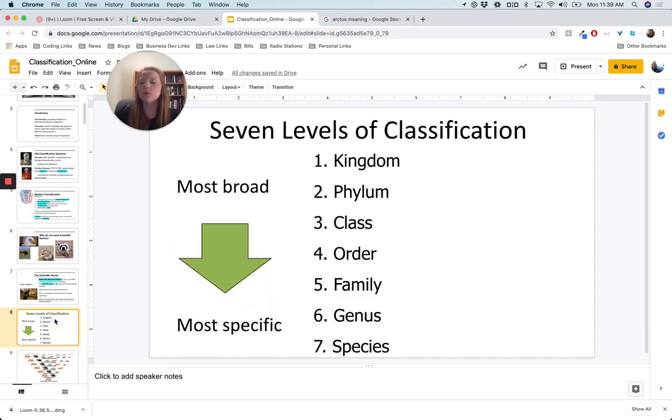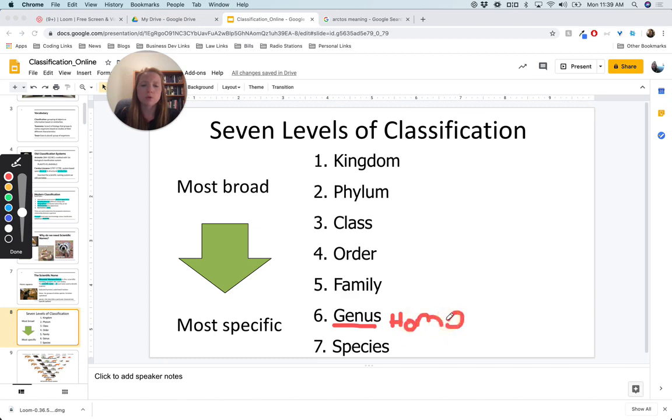Now, these are the levels of classification that we currently have. The kingdom, that's the most general, which kind of makes sense when you think of the king's kingdom. There's a lot that goes into it. So kingdom has the most living things in it, like kingdom Animalia. That's all the animals. Versus the species, that's the most specific. So species would be Homo sapiens. Technically, actually, genus would be Homo. Genus is the Homo for the humans.